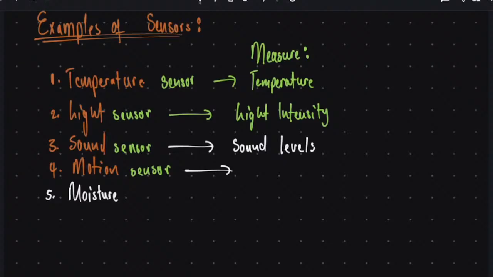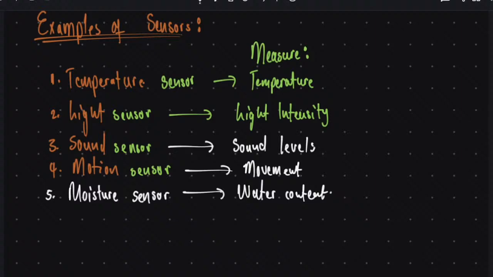Then the motion sensor detects movement, and the moisture sensor detects the water content. You can have other sensors too, like a pressure sensor, but these are important.